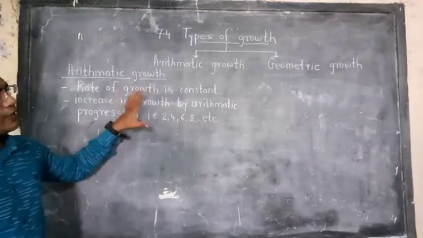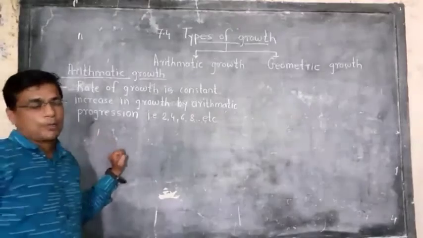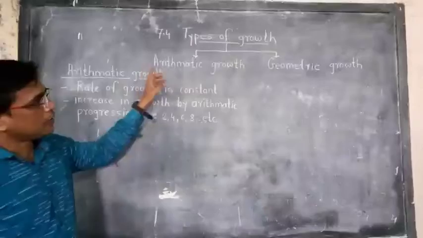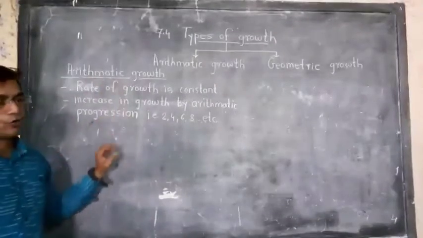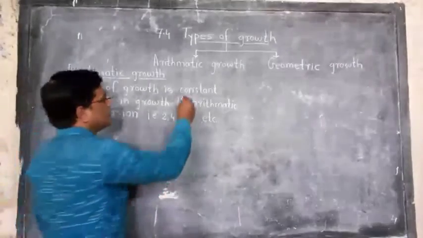Here the growth is constant, meaning whenever a plant part shows growth, that may be arithmetic or geometric type of growth. In arithmetic growth, the plant part grows at a constant rate.